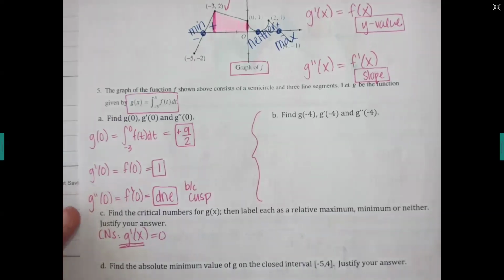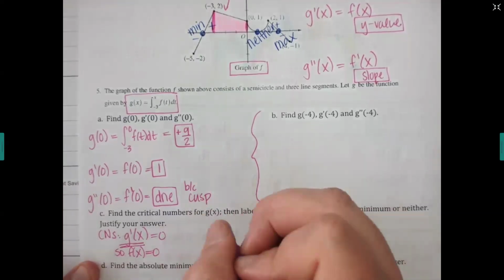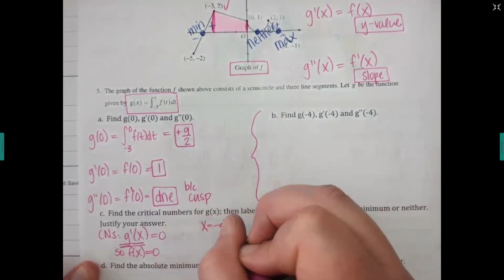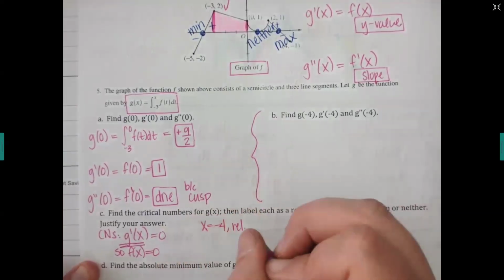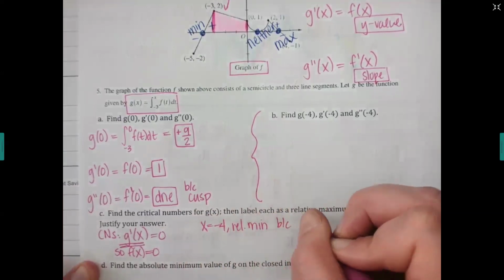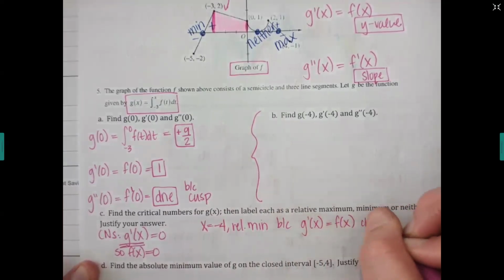Okay, so let's write that out. So at x equals -4, we have a relative min. Changes minus to plus.